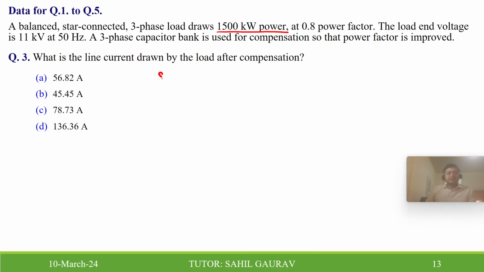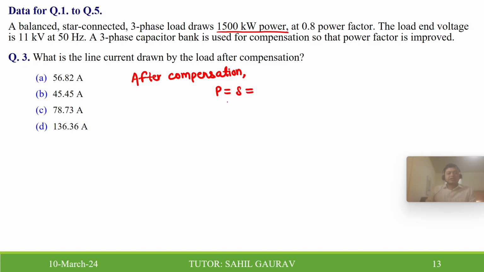Therefore P is equal to S, because after compensation there is no reactive power demand from the generator side.